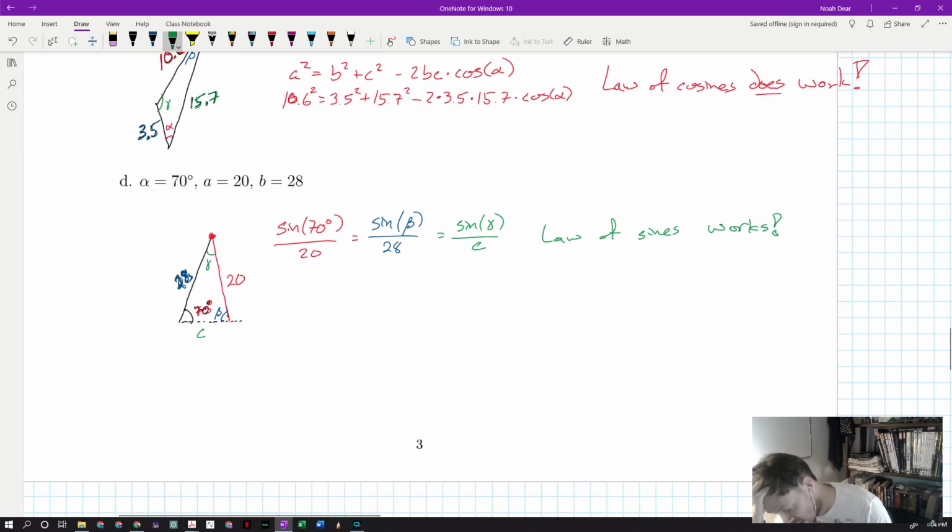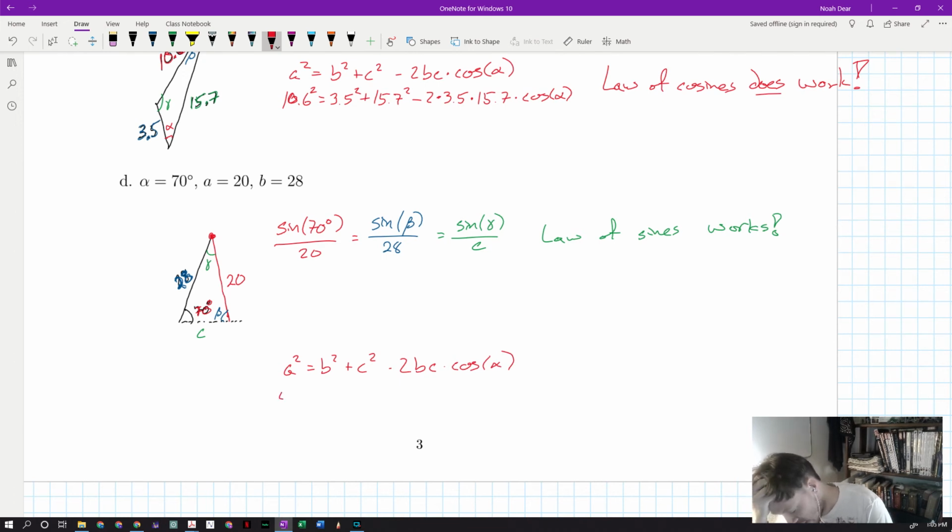And law of cosines would require the 70-degree angle and the 20 there. So we're going to use a squared equals b squared plus c squared minus 2bc times the cosine of alpha.